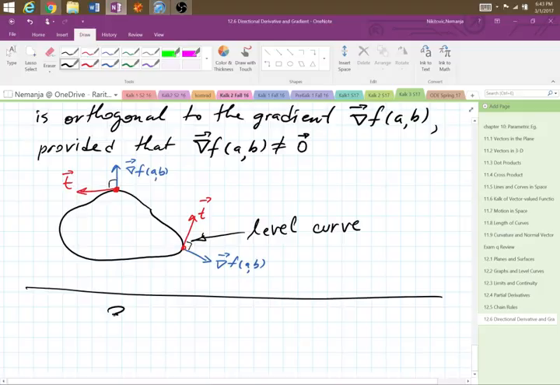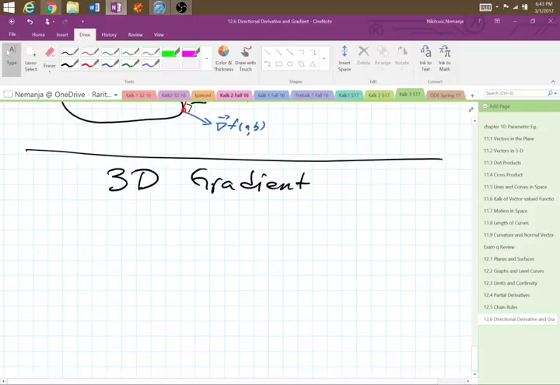So 3D. Are you writing? I am writing. I'm writing exactly what you see. But I know you want to see my beautiful handwriting, so here.